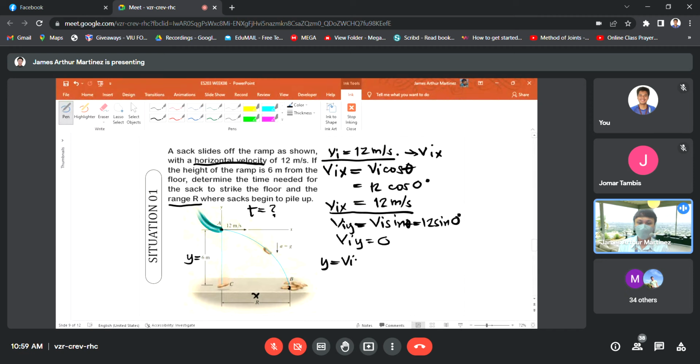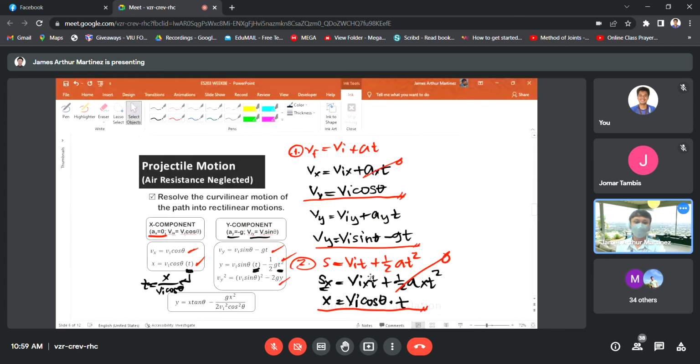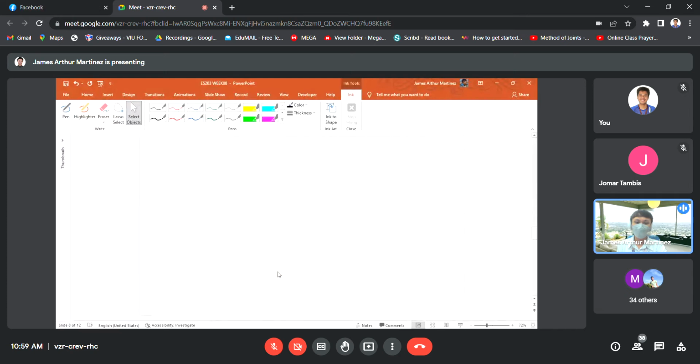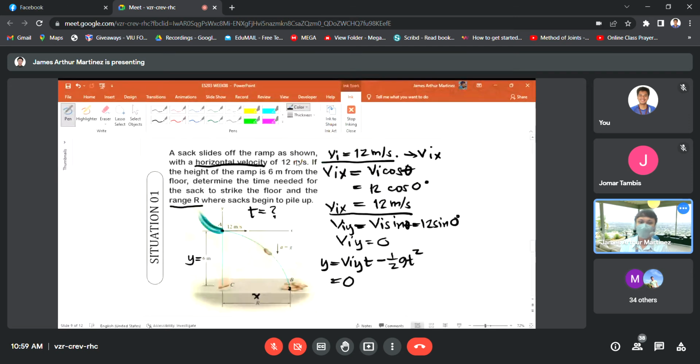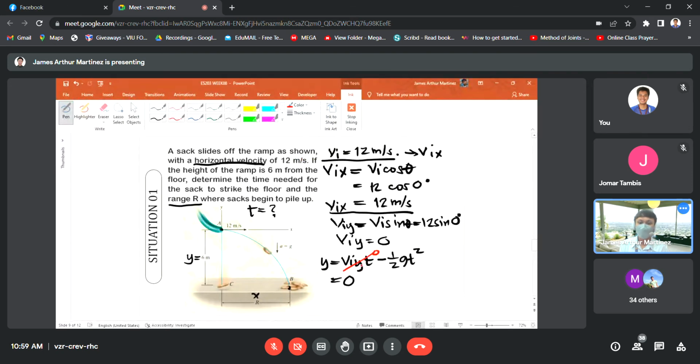So y is equal to VI sine theta times t minus 1 half g t squared, where VIy is VI sine theta, which we solved is just equal to 0. Any number multiplied by 0 is just 0.